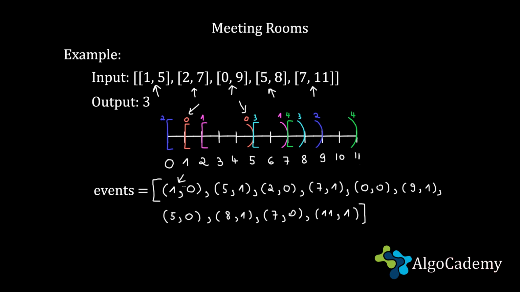Because when we deal with pairs, we need to know the criterion of sorting them. In this example, we are going to sort them by the first value, and in case of equality we could sort by the second value, but as I think about it, it doesn't even matter, does it?